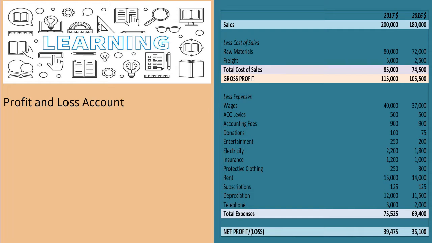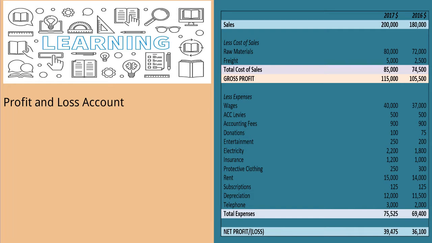Now when we look at these, we can compare them from year to year to see if we are performing or underperforming. But we can also compare these in terms of ratios. If we wanted to get the gross profit percentage margin, then we divide the gross profit by the total sales times 100. Likewise, you could compare the net profit percentage margin by dividing the net profit by total sales times 100.